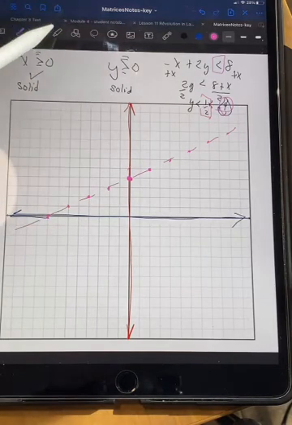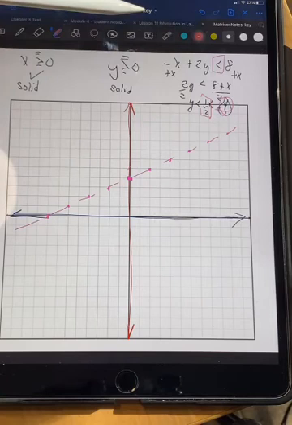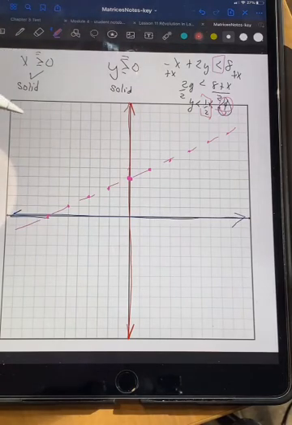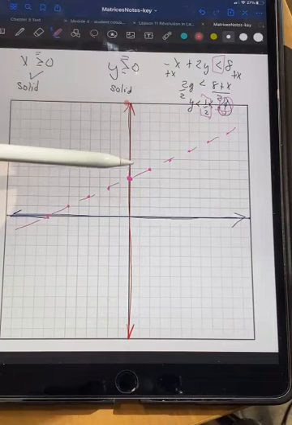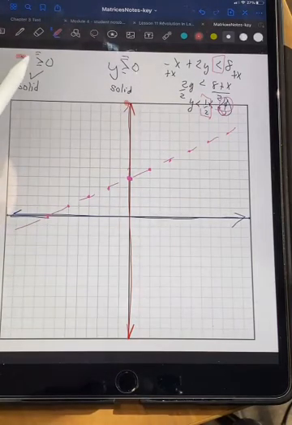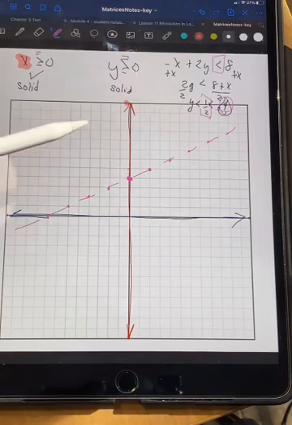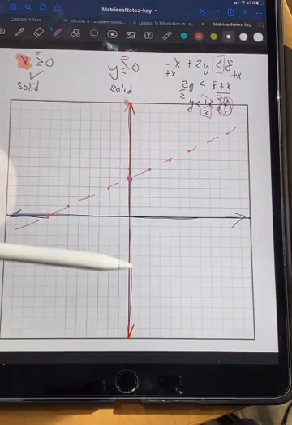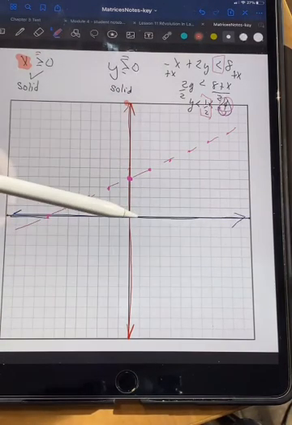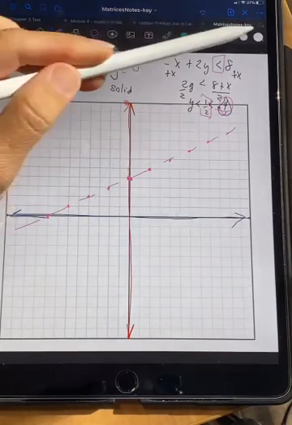Now we go back to shade. So for our red line, we're going to look at x is greater than or equal to 0. Well, we knew immediately that the line that we're looking at is this vertical line. Now remember, they gave us the x value. So now we have to think about x's. So along this line, we are going to work with every x that is greater than 0, which means all positive x's.